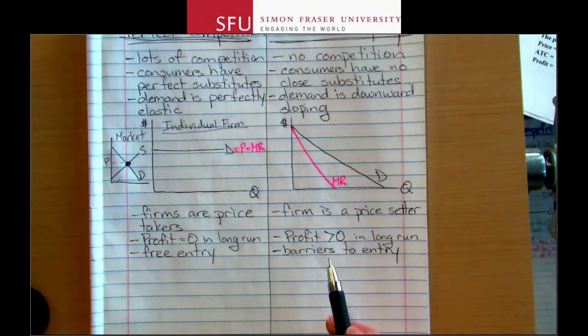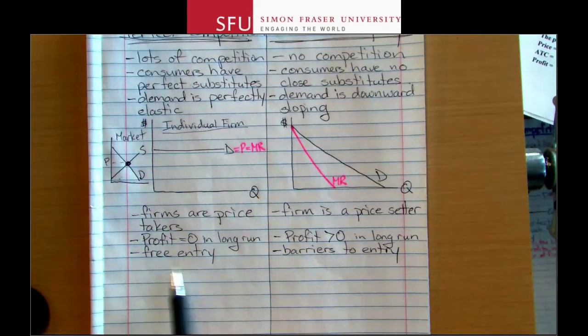There is no competition. So if the price is high and there are profits being earned, there is a barrier to entry that's preventing other firms from entering the market. So the price and quantity just stay the way they are, and the profits will stay there as long as the monopolist can prevent the competition. So there's barriers to entry, whereas here there's free entry. It's very easy for other competitors to enter the market.